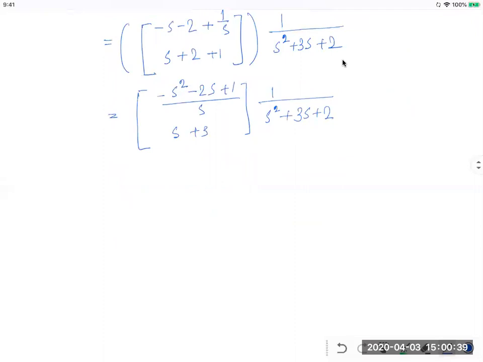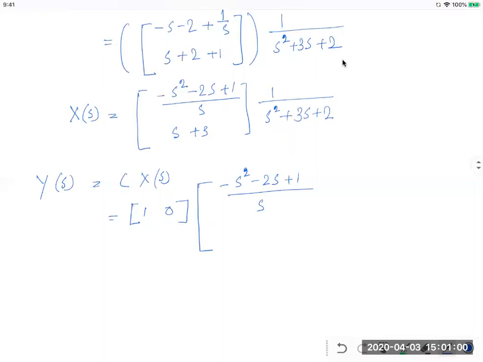Now output Y(s) is equal to C into X(s). C is 1 0 and this one is X(s). So we get s square minus 2s plus 1 by s. Second element is s plus 3, whole divided by s square plus 3s plus 2.